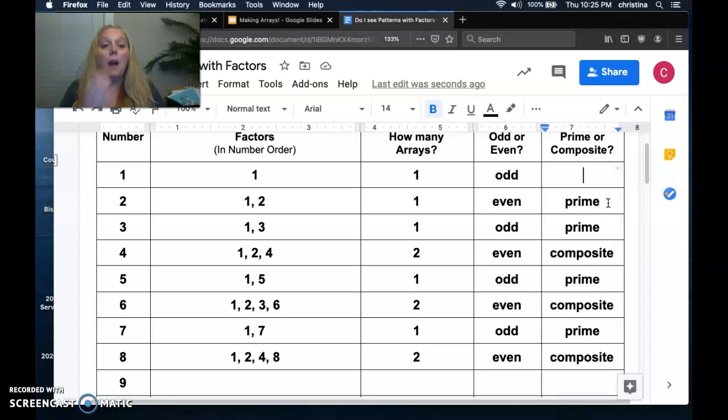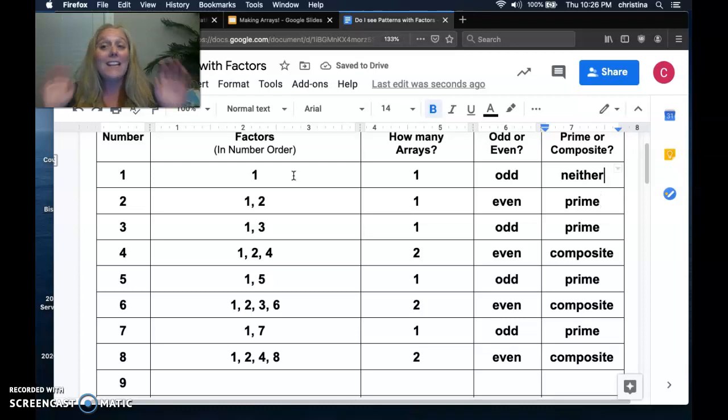Okay? All right, now let's look at the number 1. To be a prime number, you have to have exactly 2 factors, 1 and itself. To be a composite number, you have to have more than 2 factors. If we look at the number 1, we notice that the number 1 only has 1 factor. So because the number 1 only has 1 factor, it doesn't meet the criteria for prime, and it doesn't meet the criteria for composite.